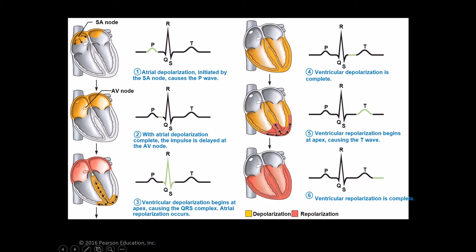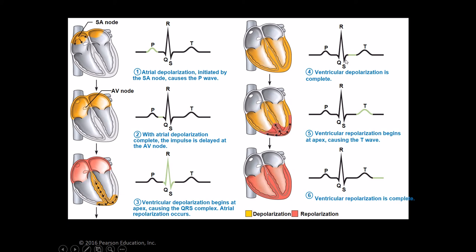The signal then starts to spread down the bundle branches and up the Purkinje fibers. That's our QRS complex. As the ventricles start to depolarize, the ventricles are also repolarizing, but we don't see it under the QRS wave because the ventricle depolarization is such a larger electrical event.